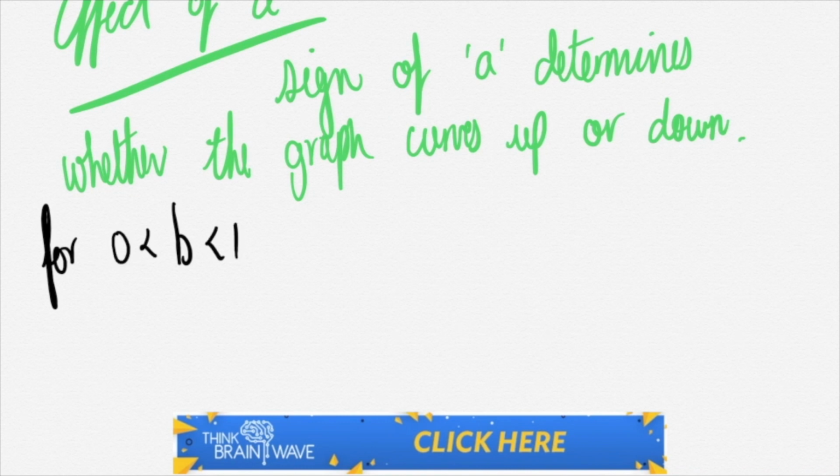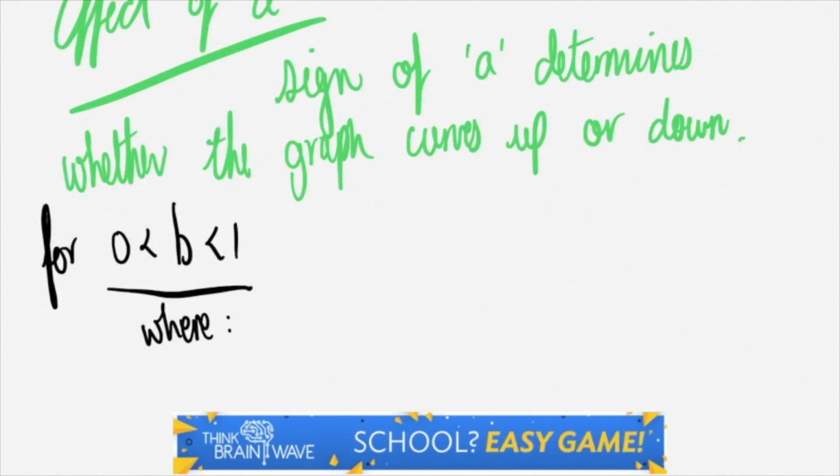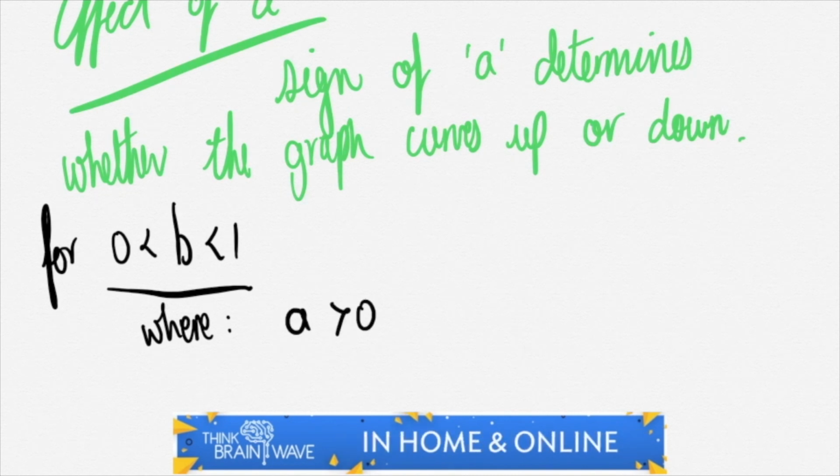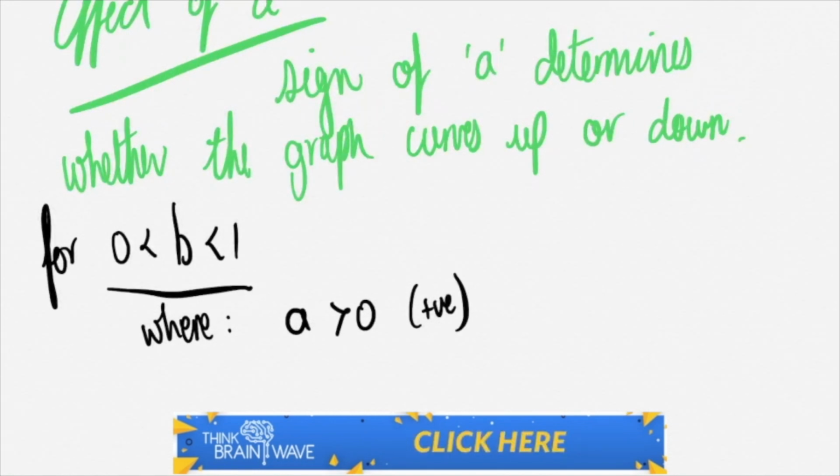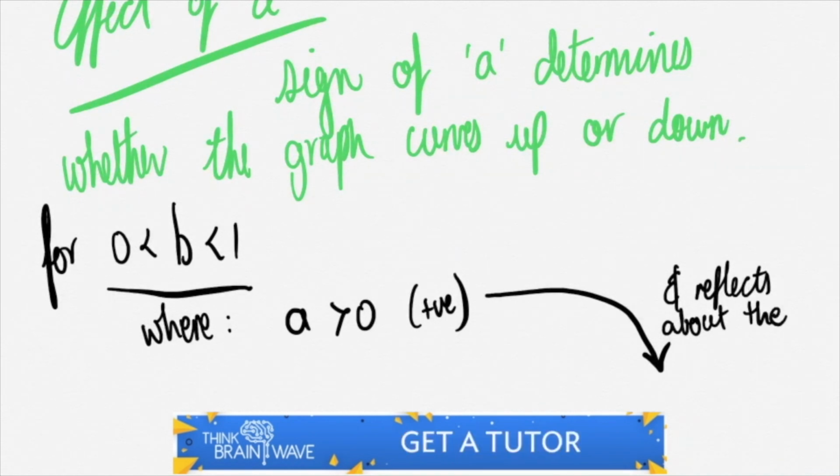So we say for a value of b that is greater than naught but less than 1, where a is greater than naught, we say it's positive, it shifts downwards like this and reflects about the axis, or the horizontal asymptote.